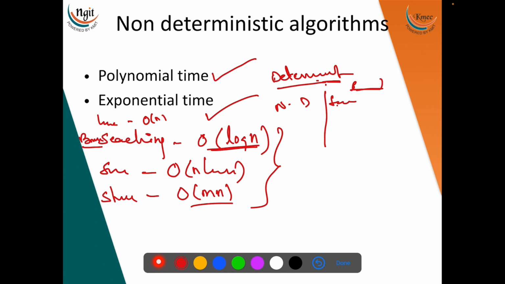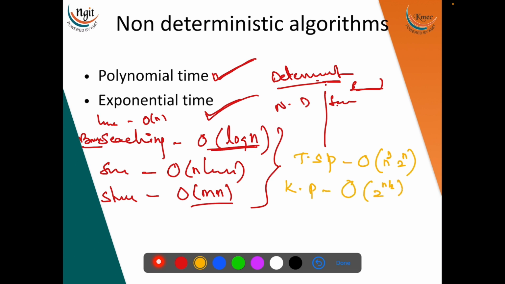I'm just dividing the algorithms into two groups: one is polynomial time, the other is exponential time. The second group is made up of problems whose best solutions are non-polynomial or exponential, and those are the traveling salesperson problem, which takes big O of n square into 2 power n, and the knapsack problem, which takes big O of 2 power n by 2.